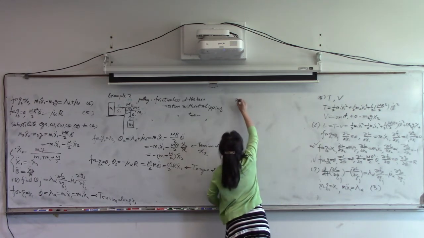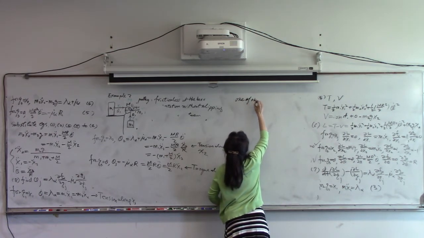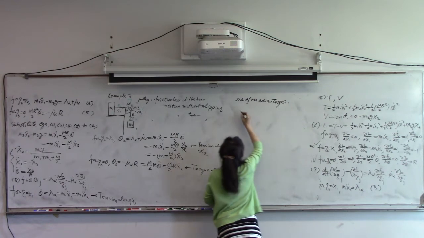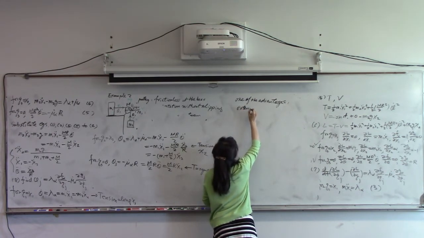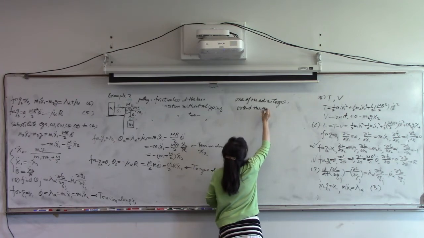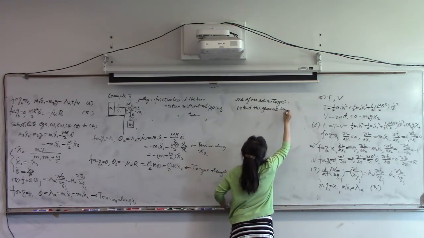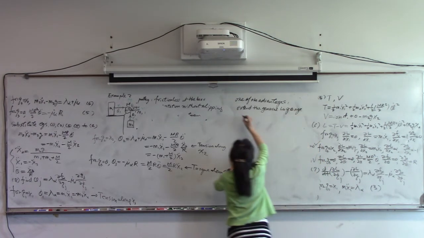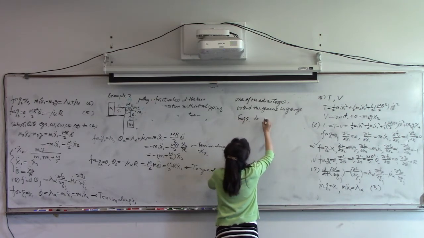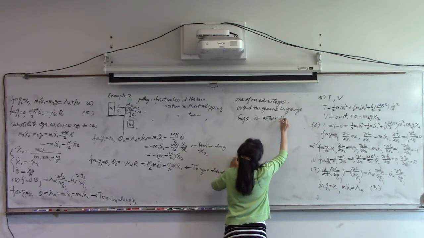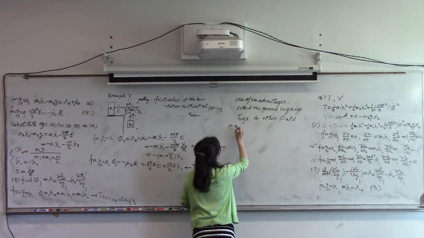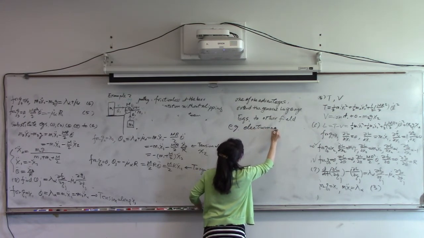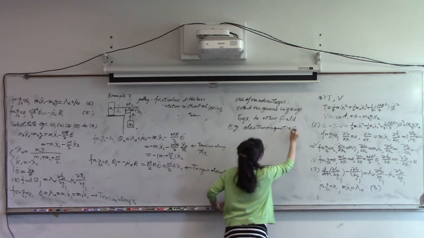So one of the advantages is we can extend the general Lagrange equation to other systems, other fields. For example, let's discuss the electromagnetic system.